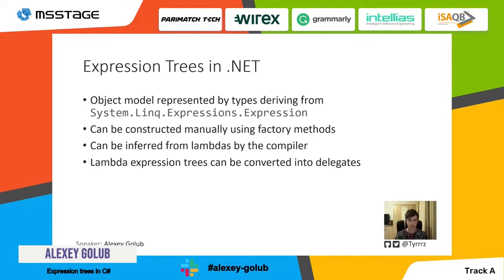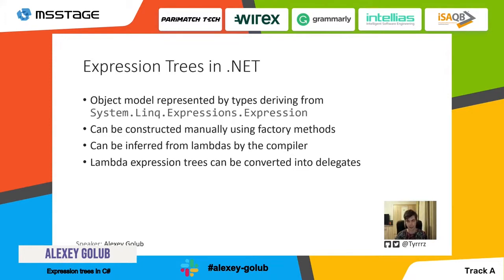We can create instances of these expressions using the factory methods provided as static methods in this class, or we can use the compiler feature that can infer the expressions, specifically for lambda expressions, from code that we write directly in C#, for example.